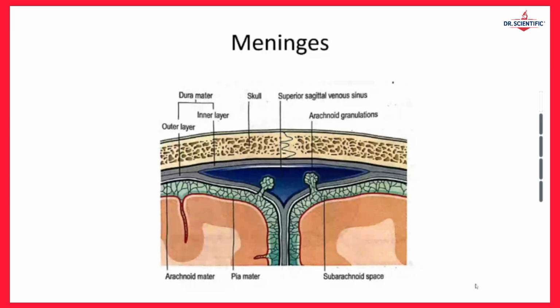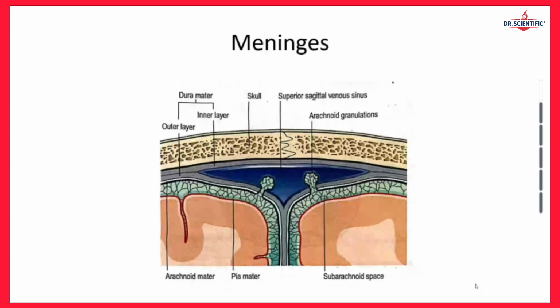And then we have the arachnoid granulation. And you can see beneath that we have the arachnoid mater, where we have the subarachnoid space. And in that subarachnoid space is where we have the cerebrospinal fluid. Those arachnoid granulations basically enable the cerebrospinal fluid to diffuse into the veins.